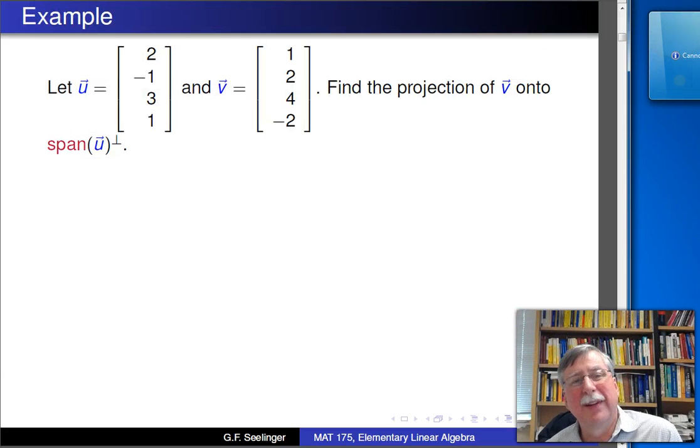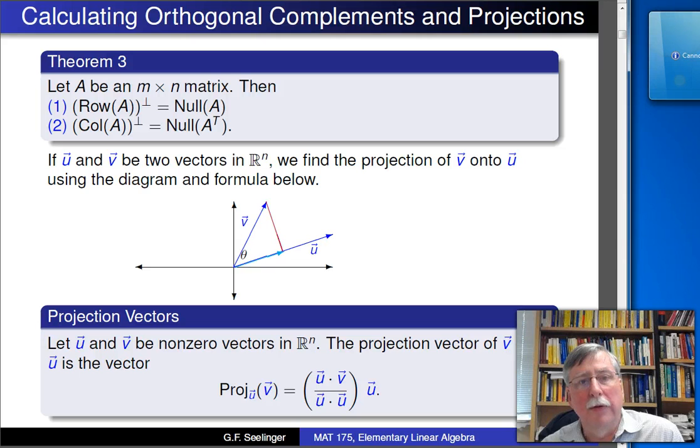So for example, one of the things we wanted to do is to find the projection of v onto the span of u complement. If we go backwards here for a minute, the thing to notice is that if this is u, the span of u is this line here through the origin. And what we're looking for is projecting v onto the orthogonal complement. But notice here, this leg of the triangle is orthogonal to u.